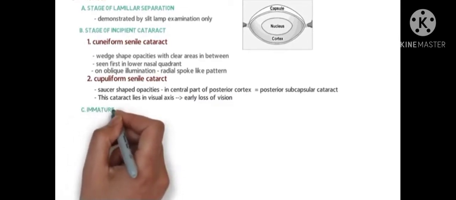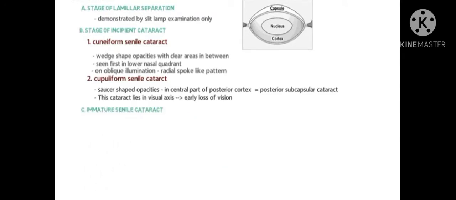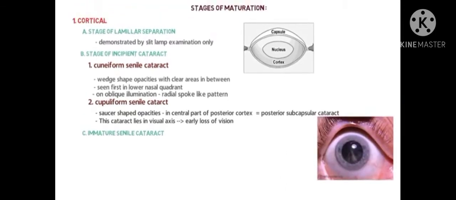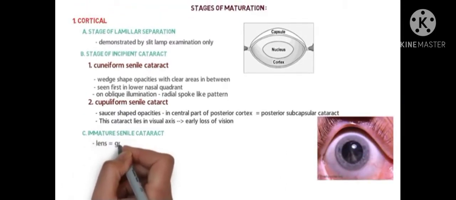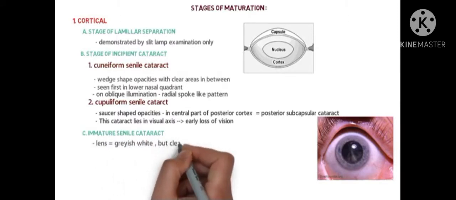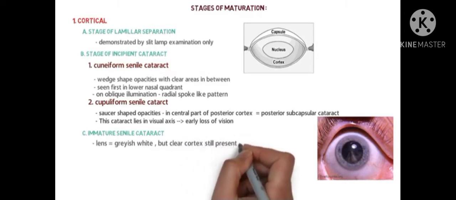Now the third stage, that is immature senile cataract. In immature senile cataract, the opacity progresses further and the lens becomes grayish white, but clear cortex is still present, and that's why the iris shadow can be seen.